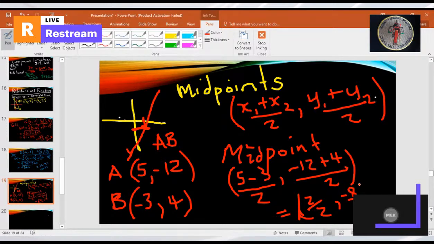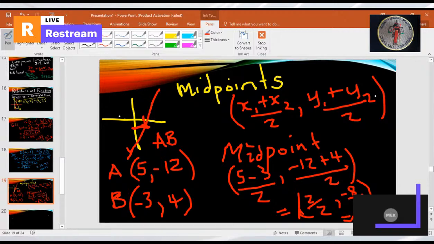So finally, 2 divided by 2 is 1, and -8 divided by 2 is -4. So those are the coordinates of the midpoint, 1, -4. That means to get to the middle of the line from the origin, you would move 1 place along the x-axis and 4 places down on the y-axis, and that will give you the middle of the line.